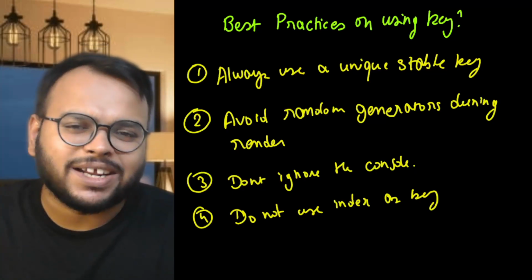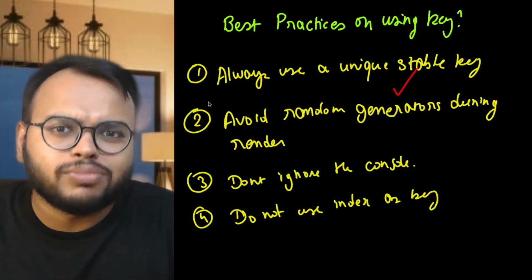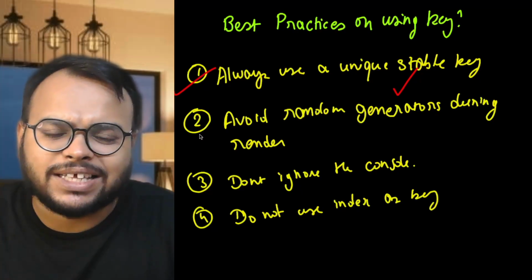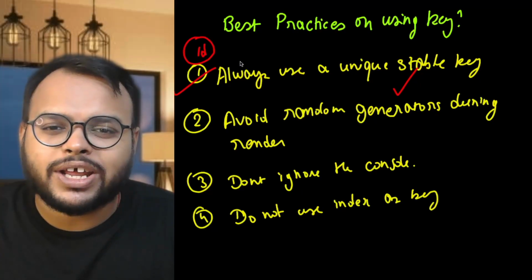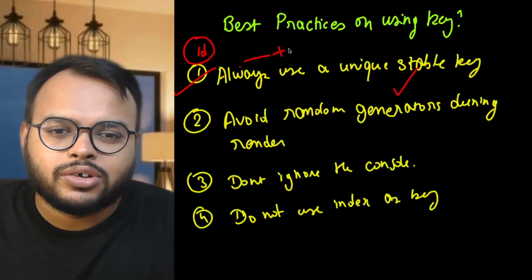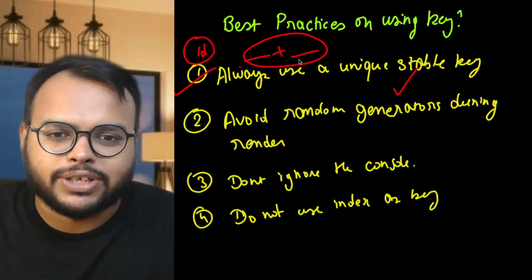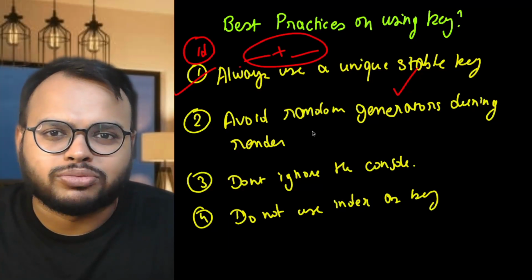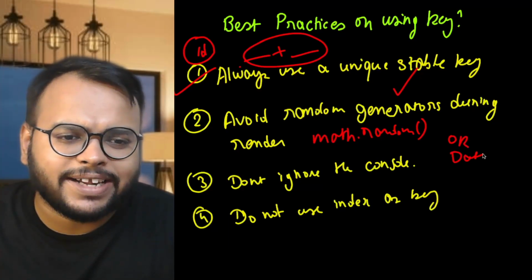So the best practices that we have discussed so far for using keys are: you must always use a unique and stable key, let's say an ID provided by the backend, or a combination of 2 or more fields that makes your data unique. Avoid random generators like Math.random or Date.now as keys.